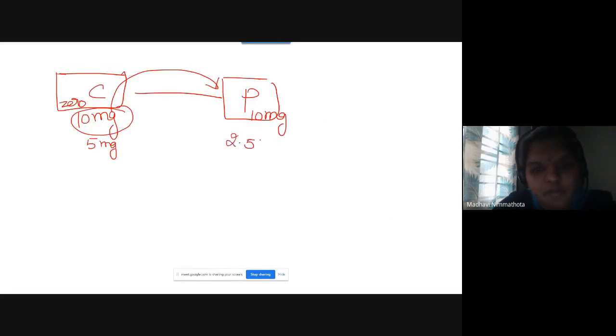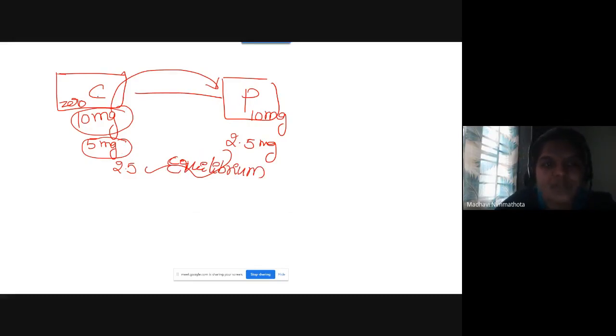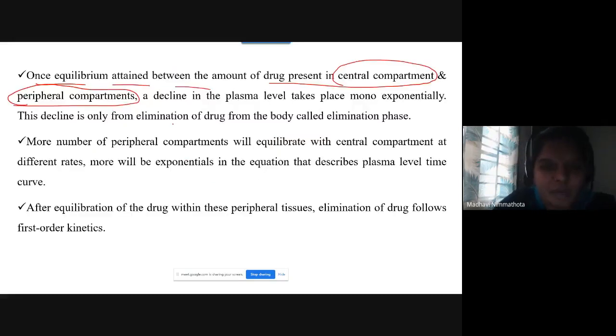After giving 2.5 mg, how much of the drug is left in the central compartment? The same 2.5 mg. Here we are getting equilibrium, right? So once the amount of drug is the same in the central and the peripheral, we get equilibrium.